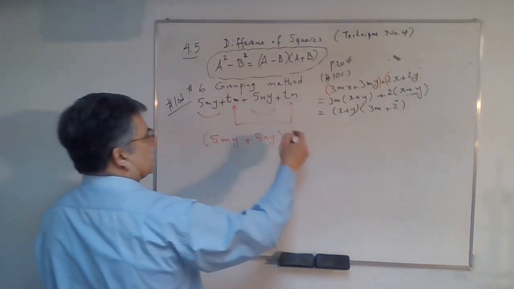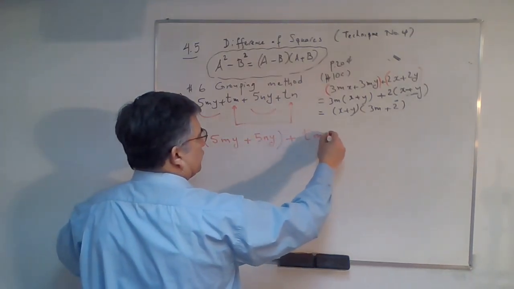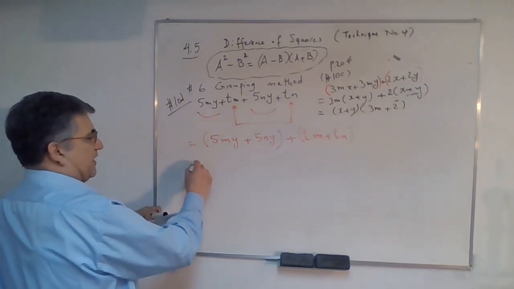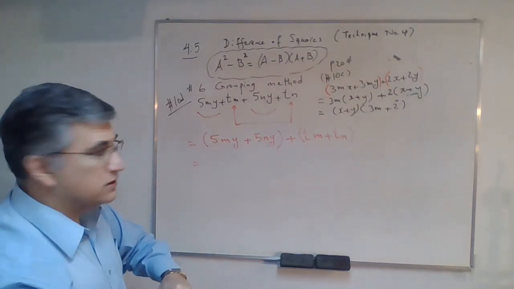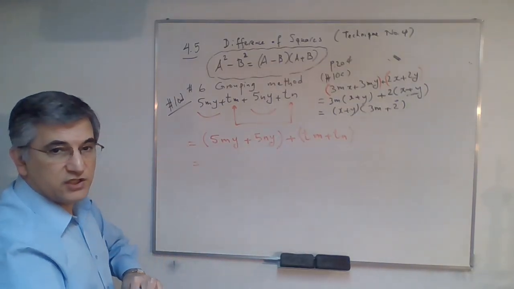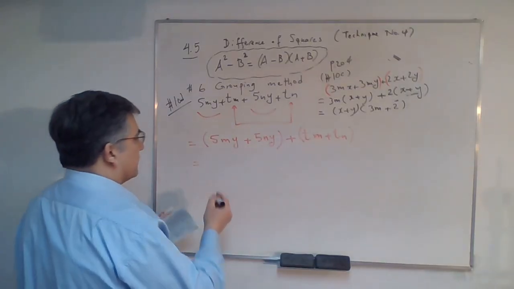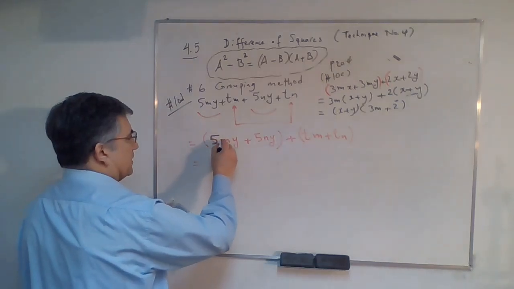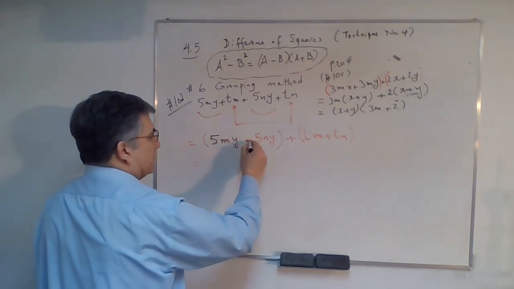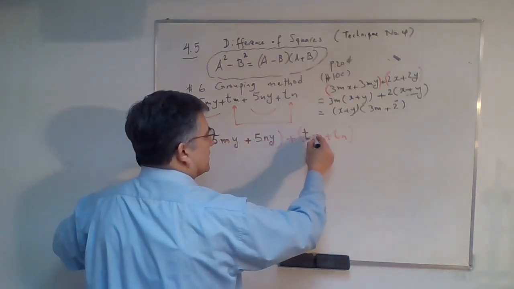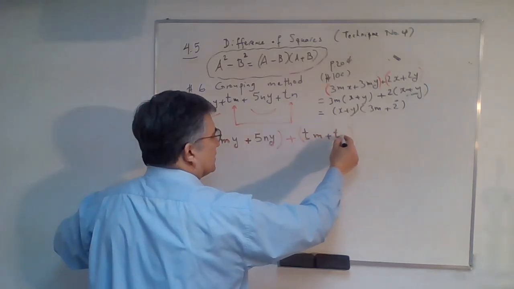And then plus the second and the third terms, I'm going to group them separately at the corner. Okay, I have not changed the problem. It's the same question. I didn't change it, except that I just grouped them. Now, if you can't see this properly, it's 5my plus 5ny. I read it for you, and it's tm plus tn.